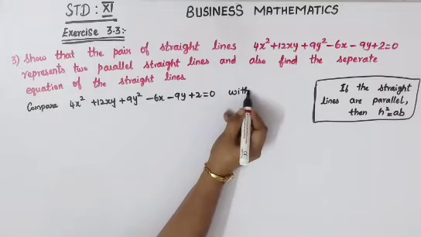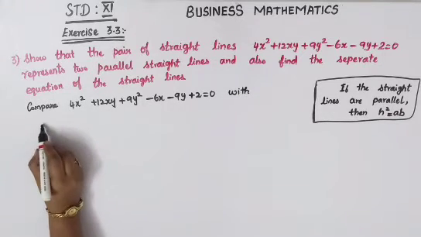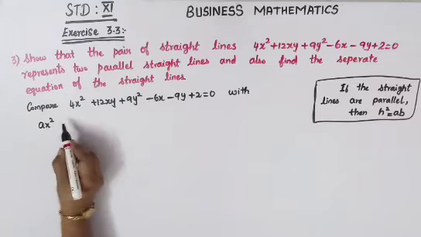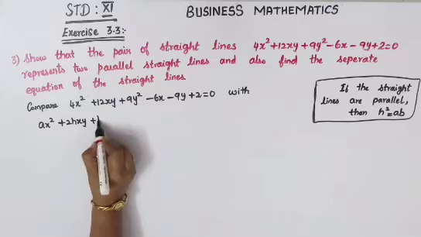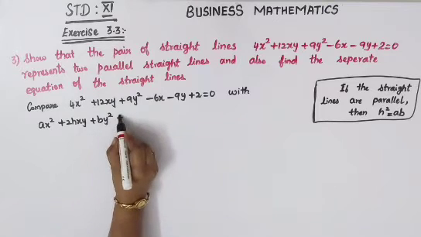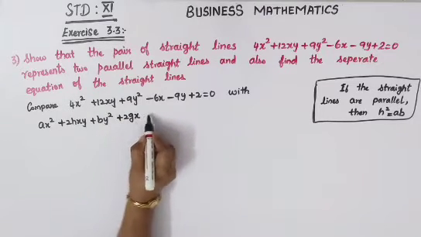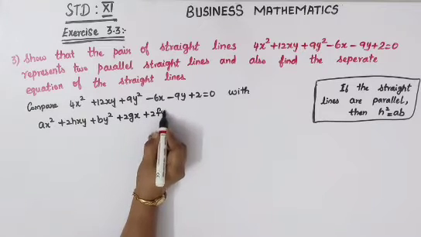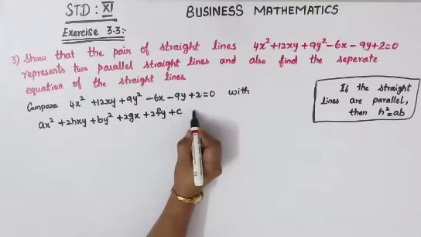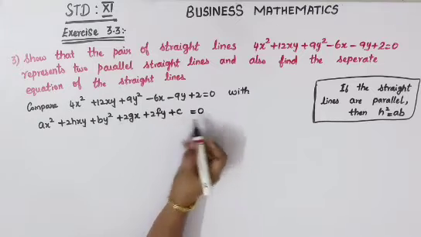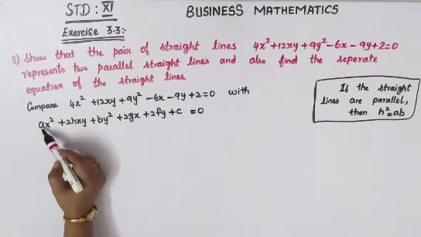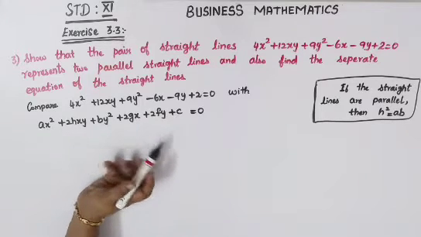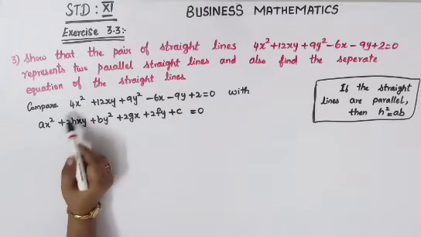The general equation of a pair of straight lines is ax square plus 2hxy plus by square plus 2gx plus 2fy plus c is equal to 0. So now you'll have to compare both the equations and get the values of a, h, b, everything.